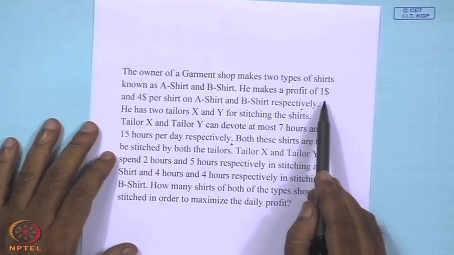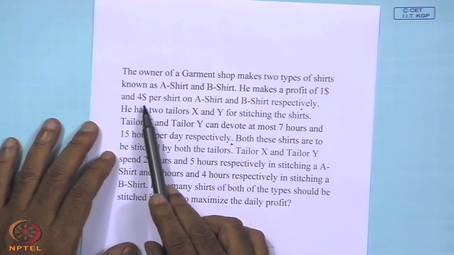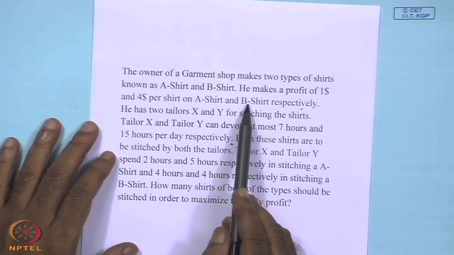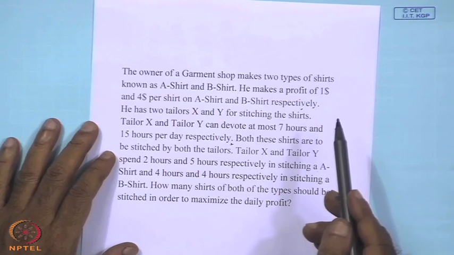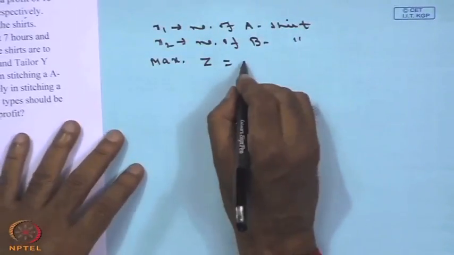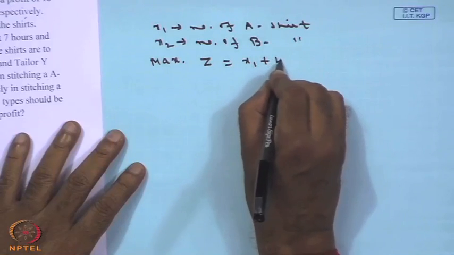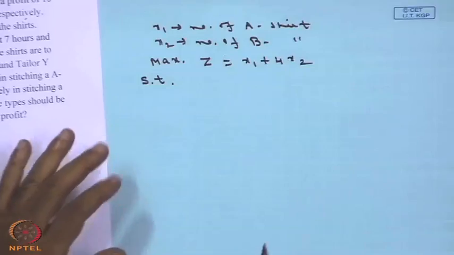I am making x1 number of A type of shirts and x2 number of B type of shirts. So, profit on A type of shirts will be 1 into x1, profit on B type of shirts will be 4 into x2. Therefore, my objective function will be z = x1 + 4x2. I think the method is clear.